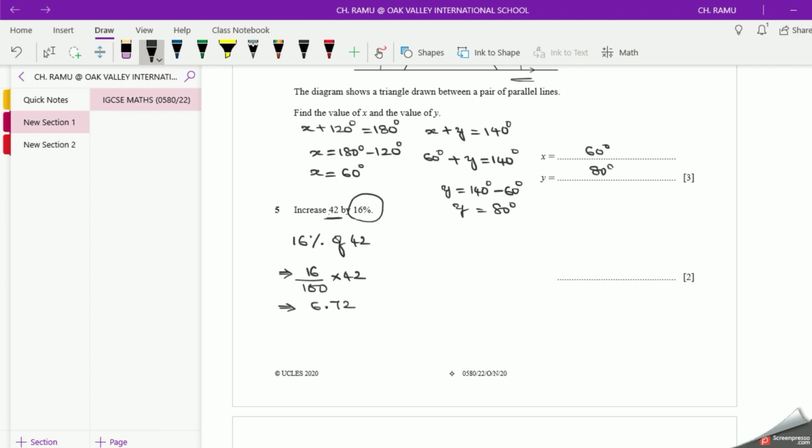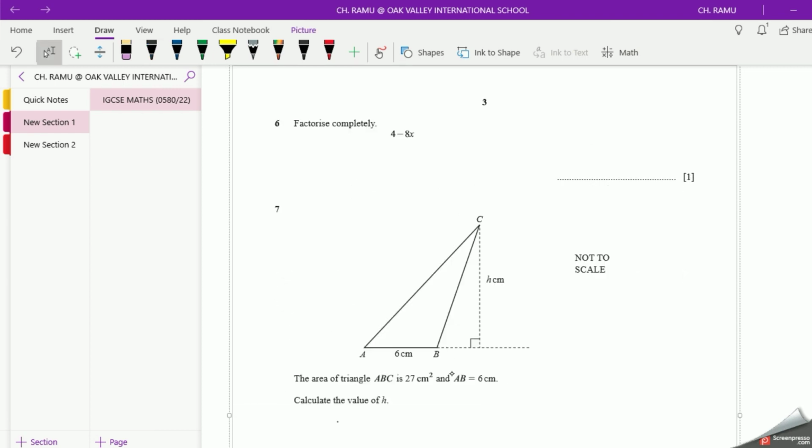So finally 42 plus 6.72 is equal to 48.72. So the answer is 48.72.